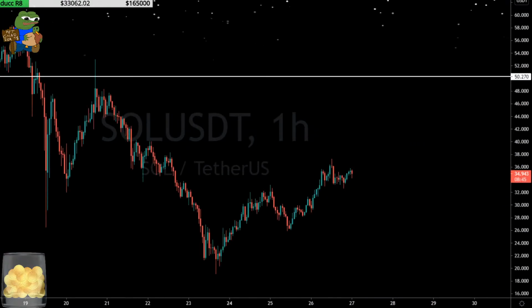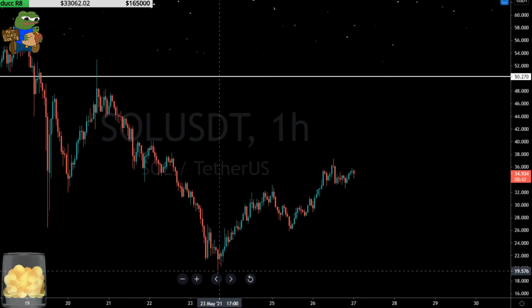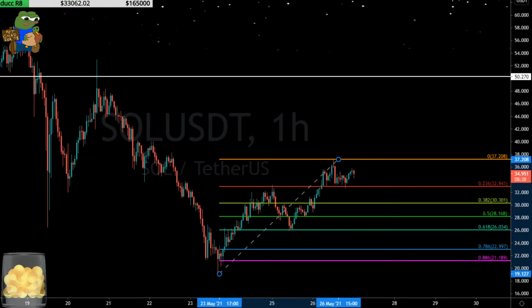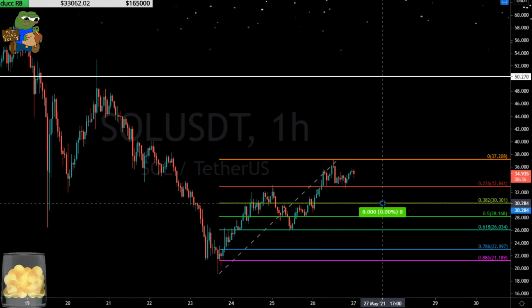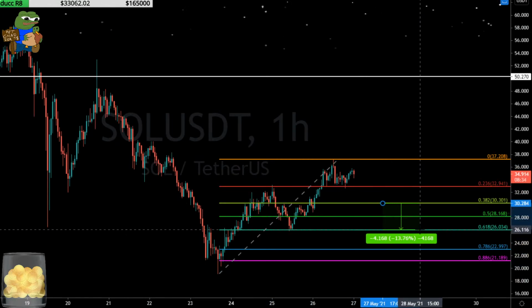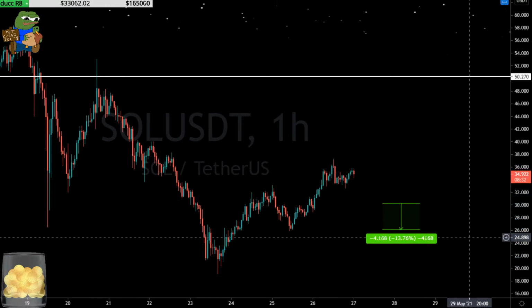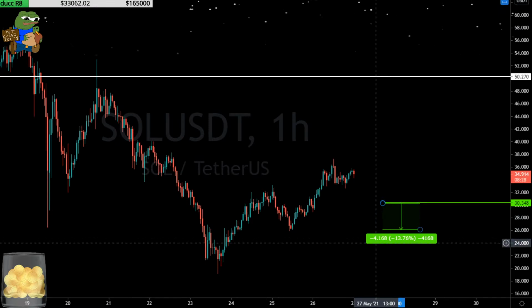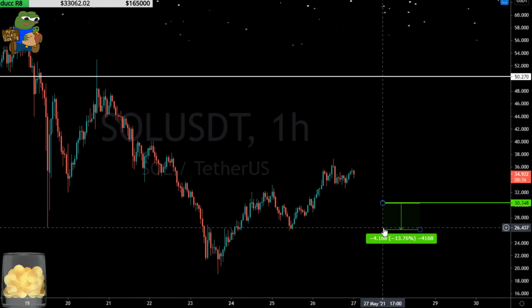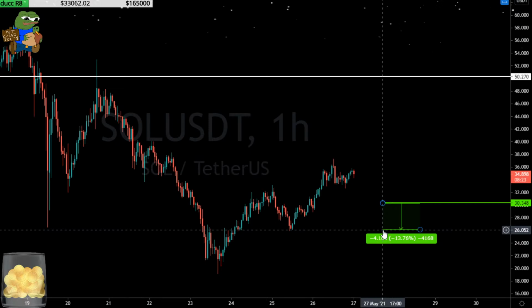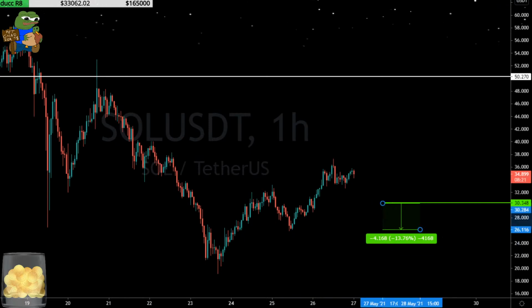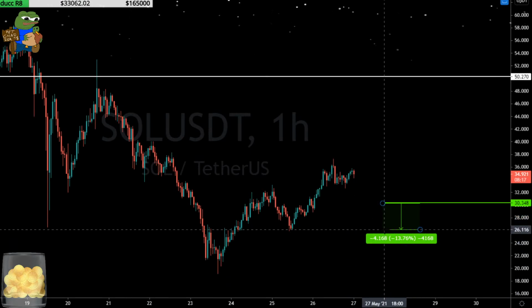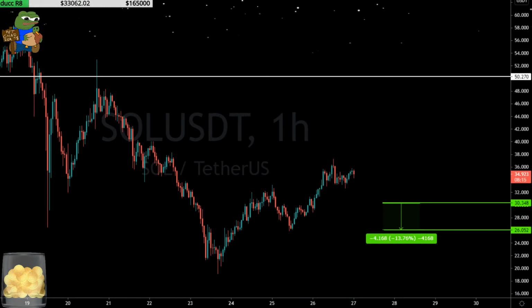So I would say fib from low to high, you'd be looking for a golden retrace, 382 to 618, right here. So I would layer between 30 and 26. From 26 to 30, you can layer long on SOL.